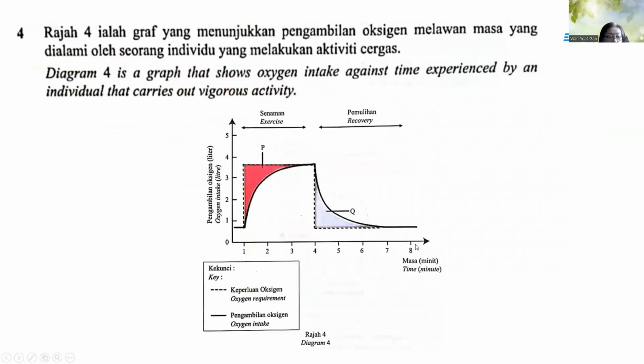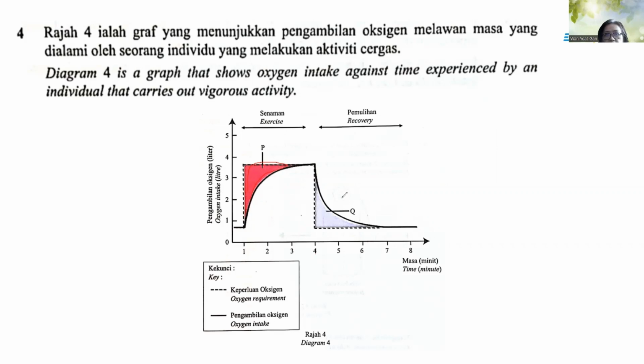Let's move on to question 4. Diagram 4 is a graph that shows oxygen intake against time experienced by an individual that carries out vigorous activity. You see here, the graph shows this part here, P. This part P is when the person is exercising, so the oxygen required is this much.